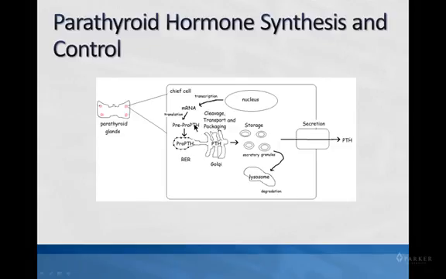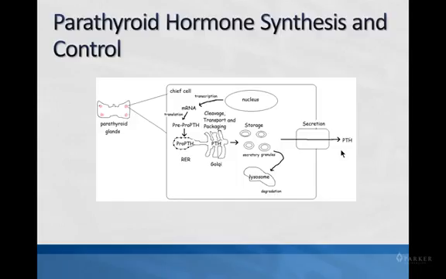It's initially produced as a pre-prohormone through a number of processes. You remove a few amino acids and a few more amino acids, and it starts to assemble in its proper three-dimensional form and is then secreted into the blood. The hormone itself is a polypeptide hormone, about 80-something amino acids long.